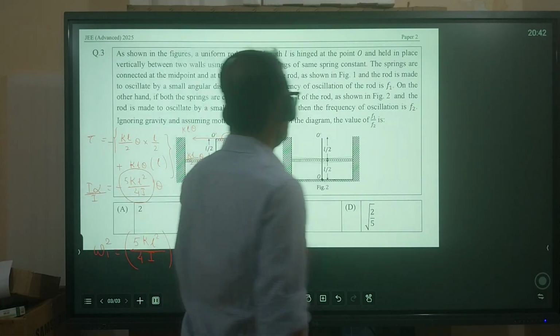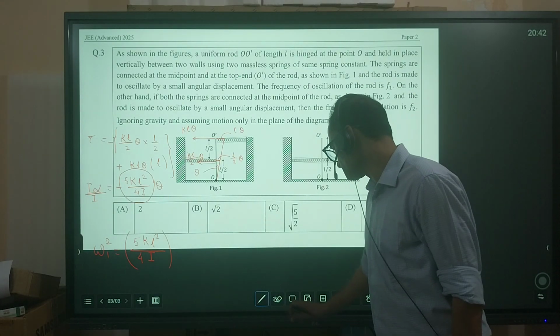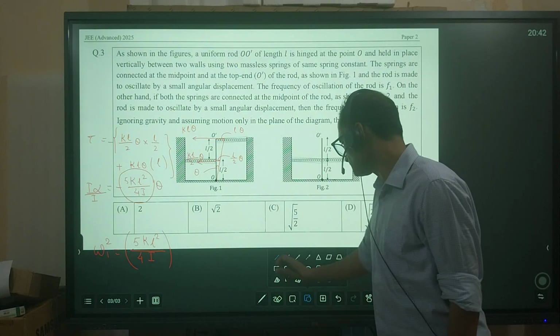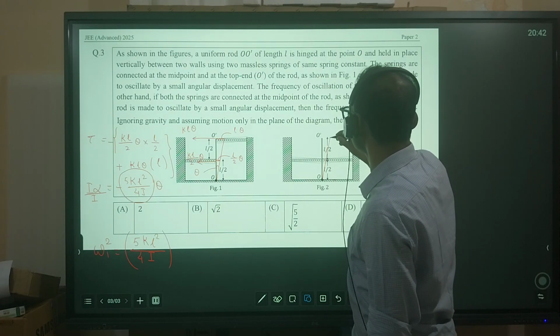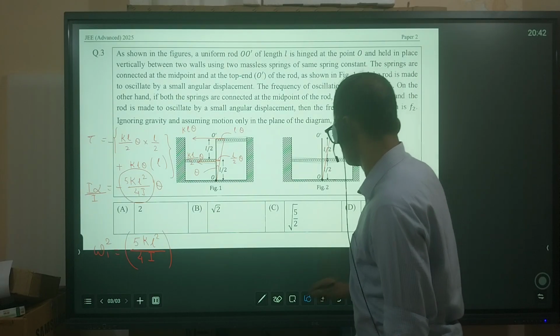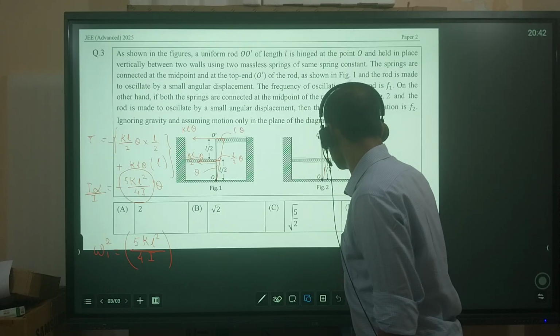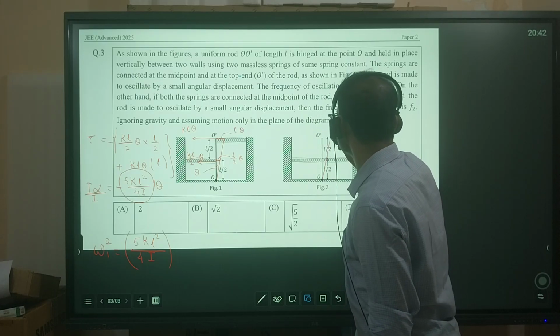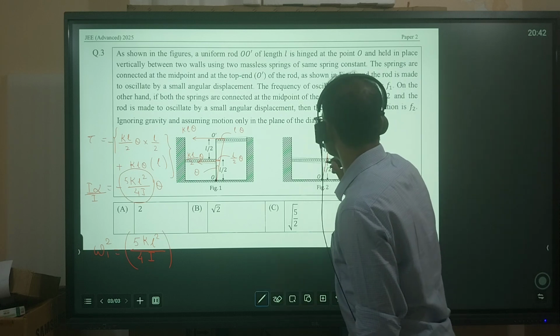Similarly, you can find omega 2 square also. How to do it? Again I am displacing it by some angle theta.